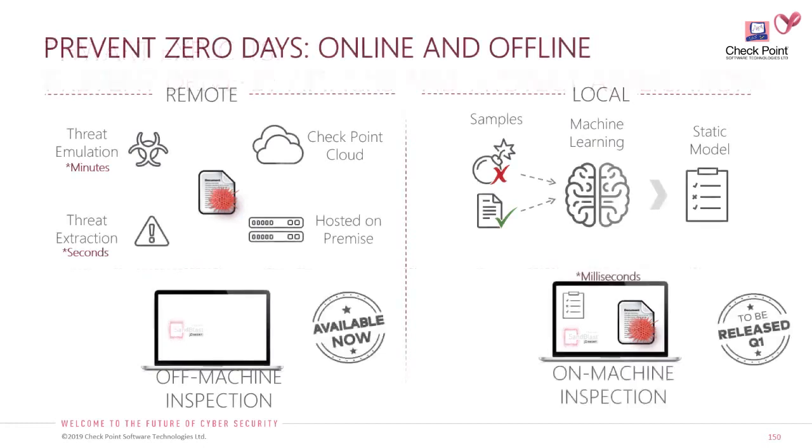And as I said earlier, when I say sandboxing, it is off-machine inspection only. It won't happen inside your endpoint. It will be off machine, either on the on-prem sandbox or on the cloud sandbox.